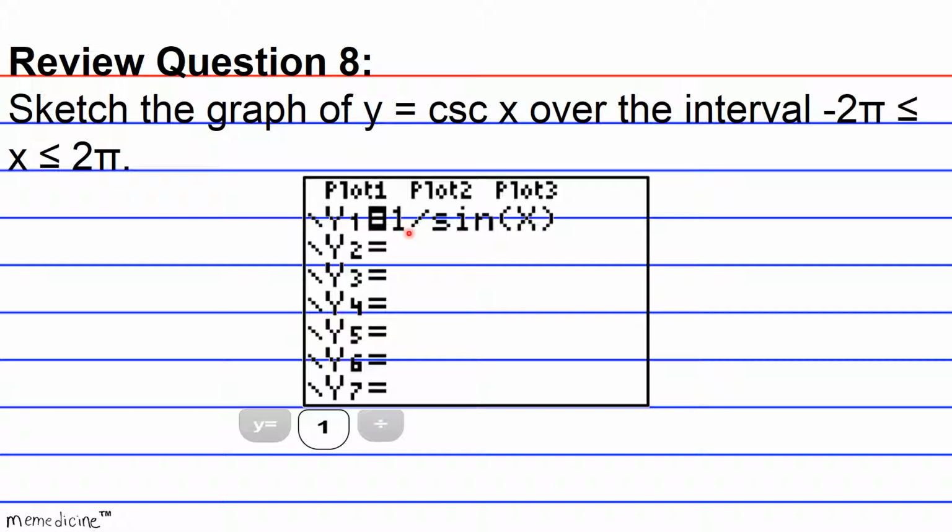divided by sine, and sine comes preloaded with an open parenthesis, and then you're going to hit your variable button, X,T,theta,n. Usually it's set to x, so then an x variable should pop up, and then you're going to close out your parentheses, okay? And what you're going to do now to view this is press graph, all right?